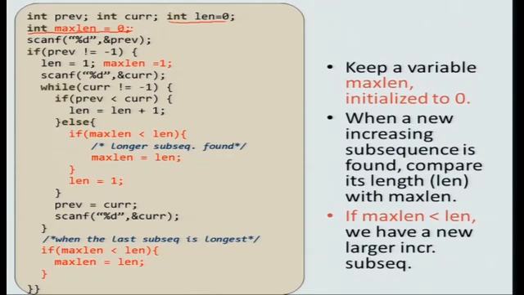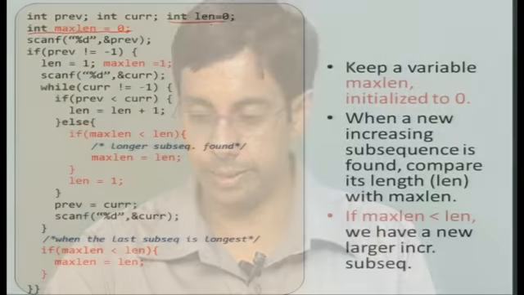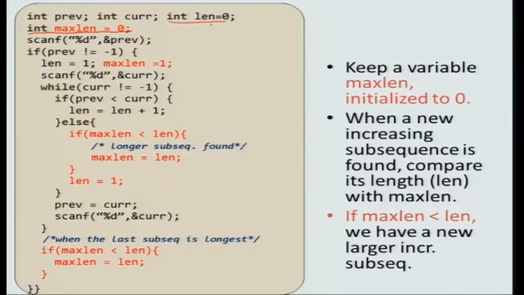So that is the new variable, which is the maximum length that we have seen so far. When we start the program, we have not seen any increasing subsequence, and therefore the length of the current increasing sequence is 0, that is len equal to 0, and the maximum length that we have seen so far is also 0.